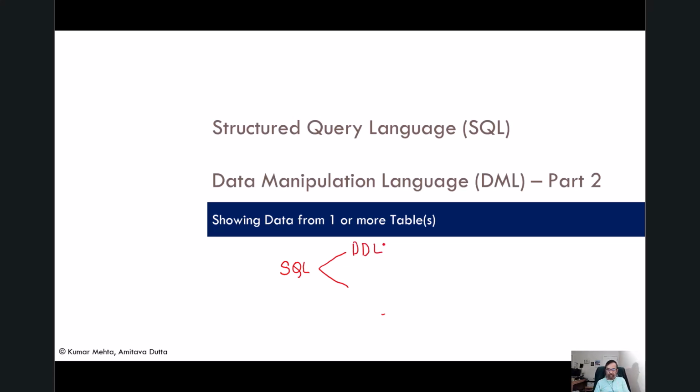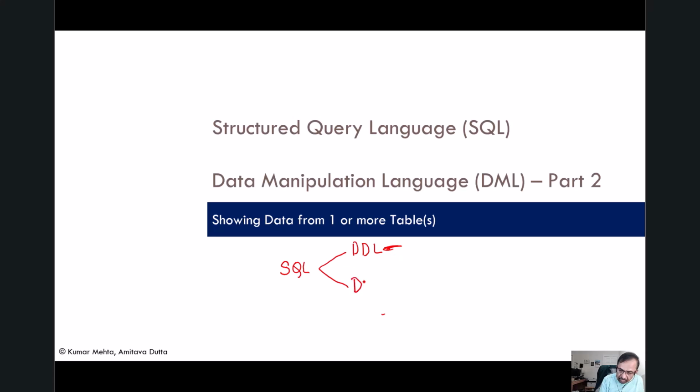That's the set of commands that allows us to create the database structure. There we talked about creating tables, the columns of the tables, setting up primary keys, foreign keys, all of that stuff. All the little bits and pieces that are needed to set up the structure of the database. The DDL is the language that lets us define the structure of the database.